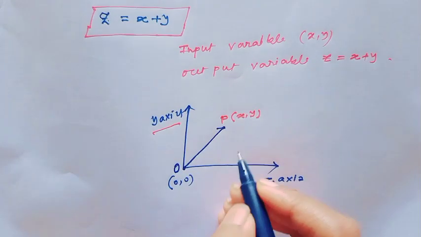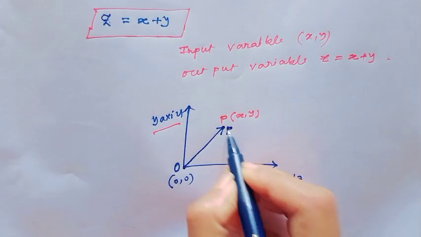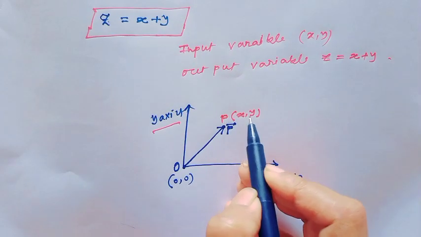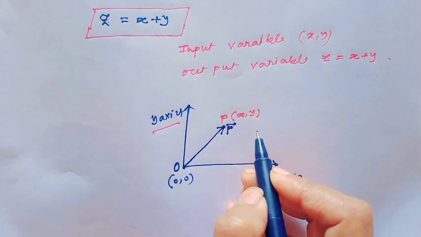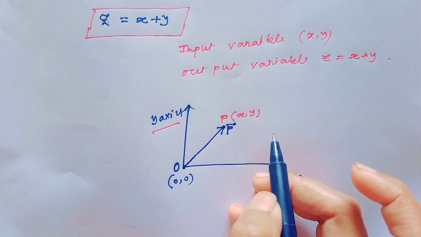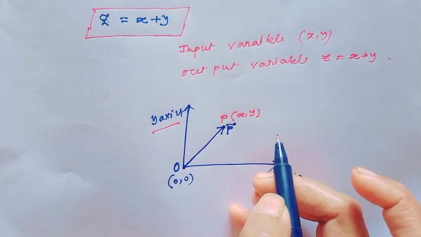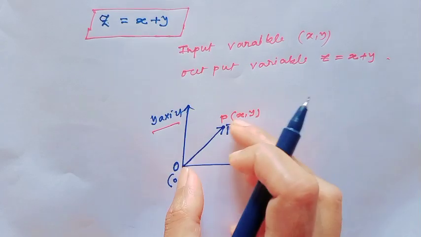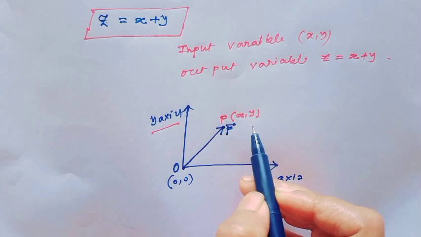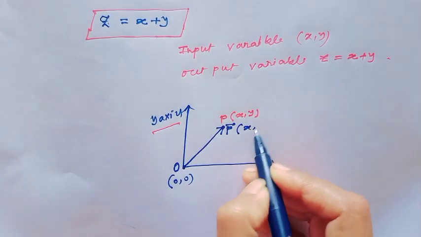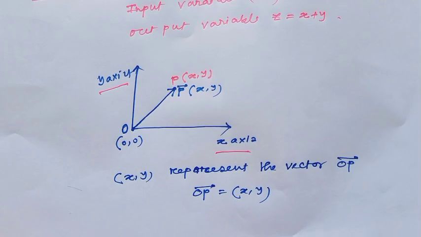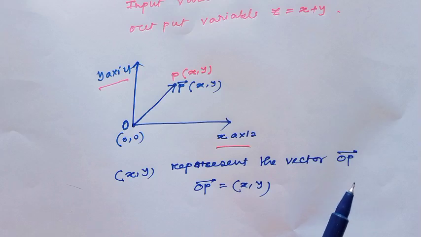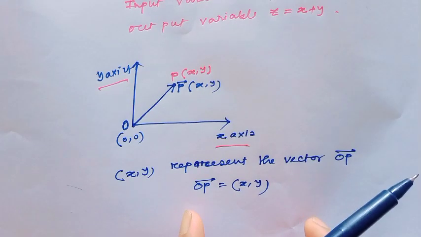If we consider this O, then this is OP, and P is a vector which represents the direction, because we all know a vector has a magnitude and a direction. It has the direction OP and the point P is (x, y). That means the point (x, y) represents the vector OP, where OP equals (x, y).